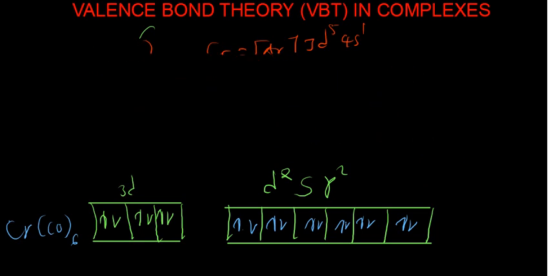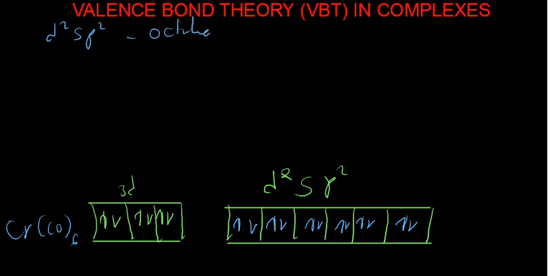Whenever we have d2sp3 hybridization, the geometry formed is octahedral. Okay. So what we have is chromium at the center.